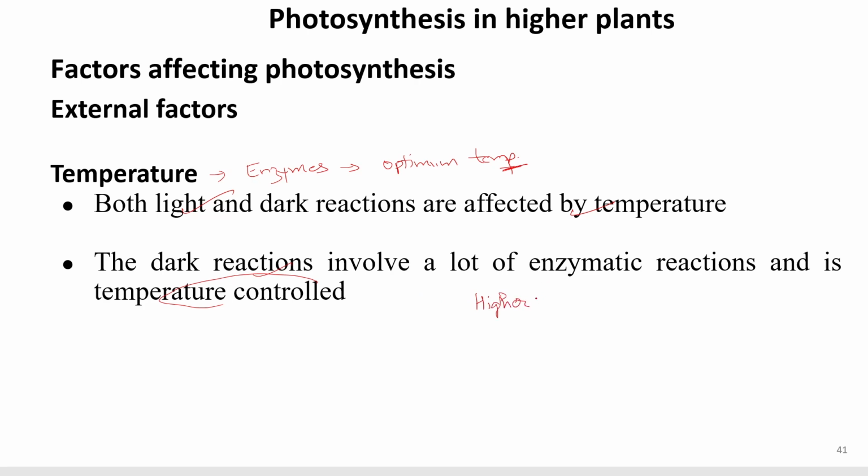At higher temperature, what happens? The enzymes involved in photosynthesis denature. So what will happen? This will lead to the reduction in the rate of photosynthesis.